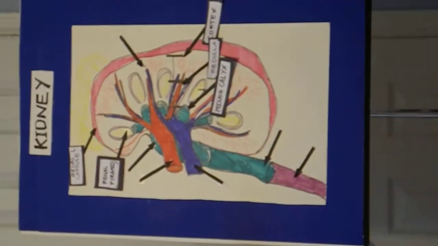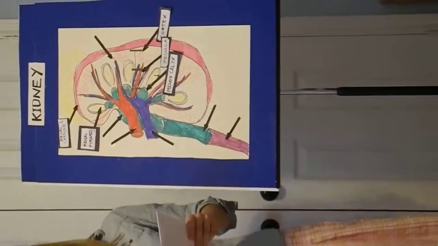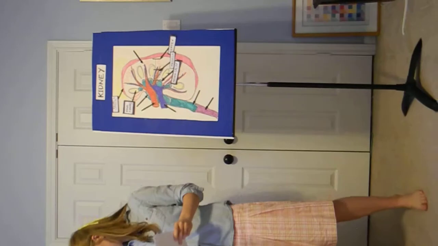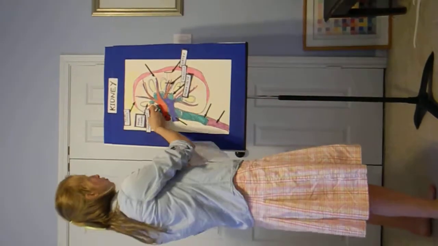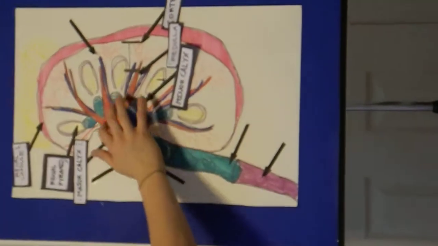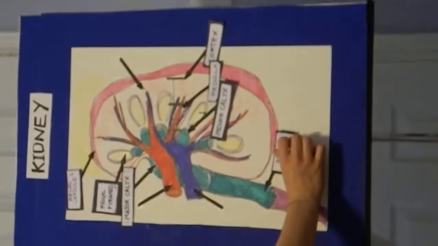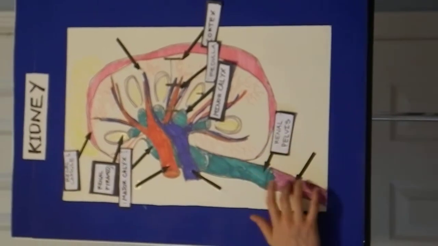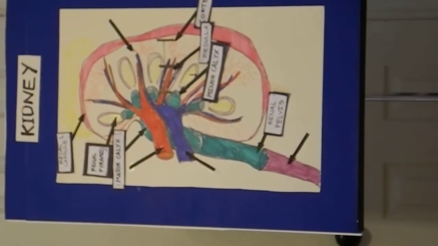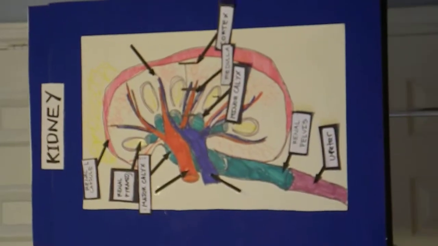Urine that is formed in the pyramids comes through these structures, and they converge to make major calyx, which you can't see very clearly in this diagram, but they are behind the arteries and the veins. Next we have the renal pelvis, through which the urine exits the kidney, and then further it goes down into the ureter until it goes into the bladder to be stored.